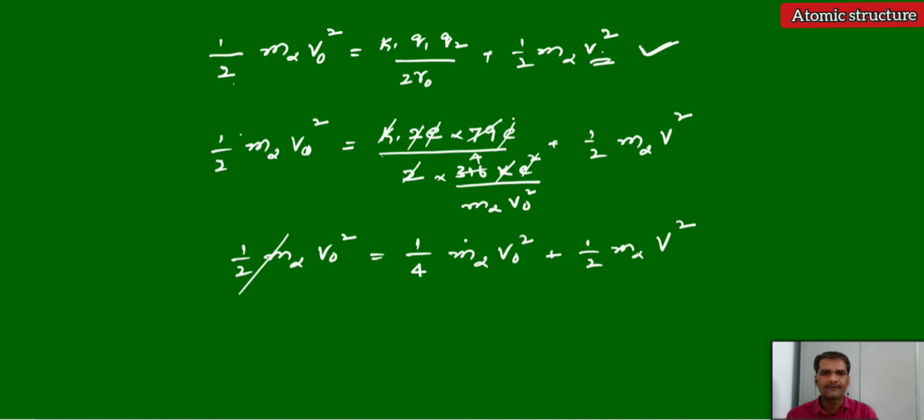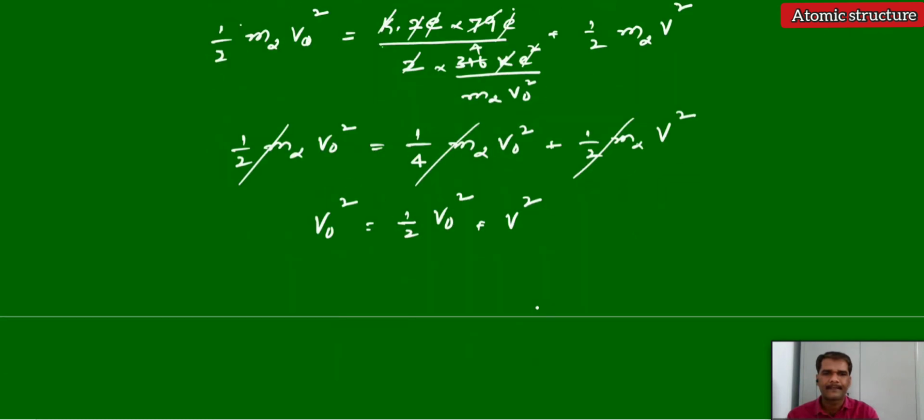Again, the 1 by 2 M alpha you can cancel out. Then 1 by 2 M alpha V naught square is equal to 1 by 2 V naught square plus V square. From this, what is left for V square? 1 by 2 V naught square.